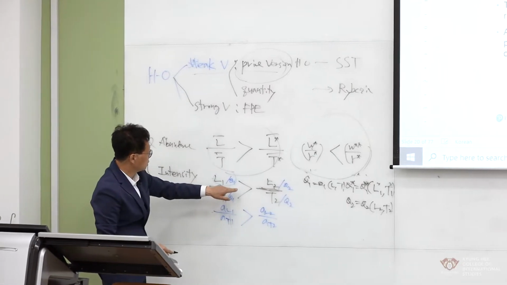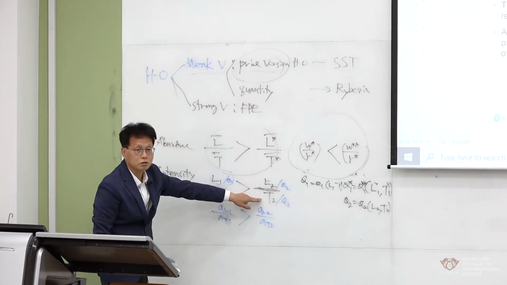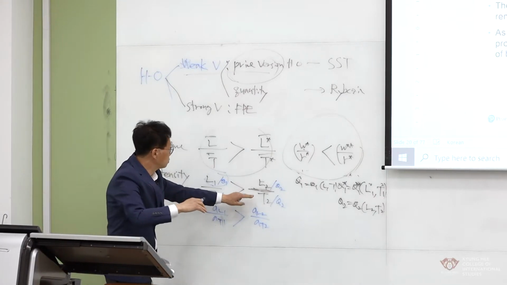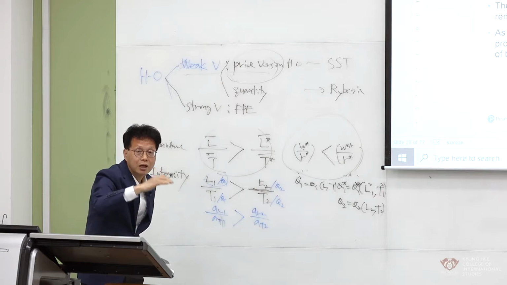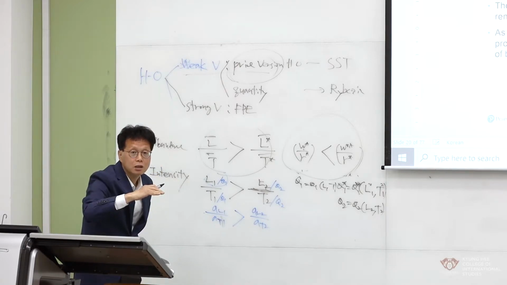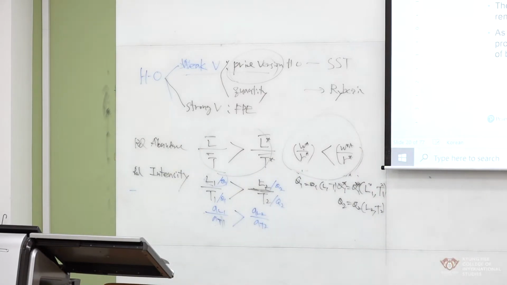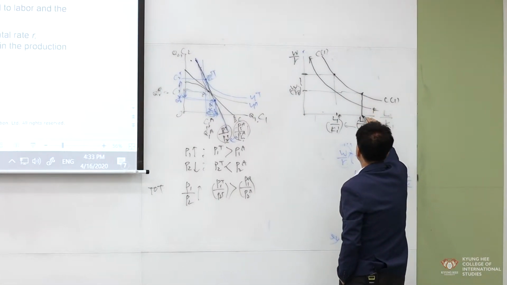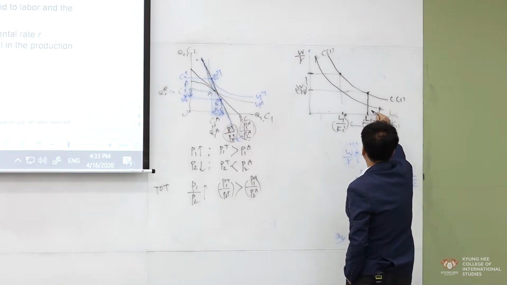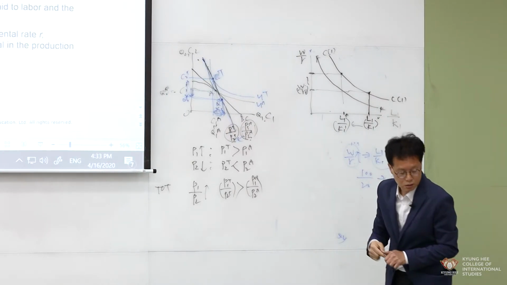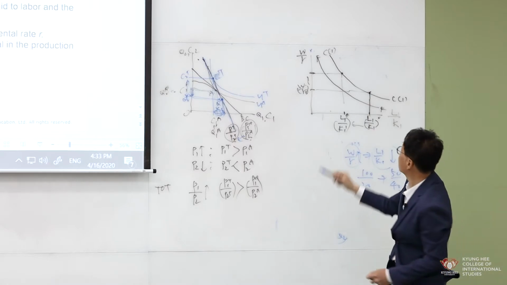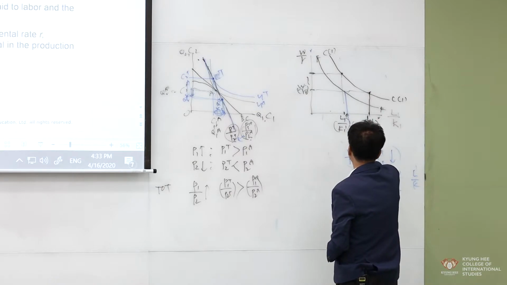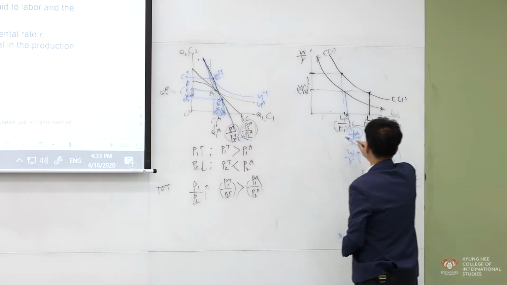L1 over K1 is higher than L2 over K2 when these two productions face the same relative wage rate. So the wage rate is W over R0. That is L1 over K1, and, for example, the blue one is L2 over K2.